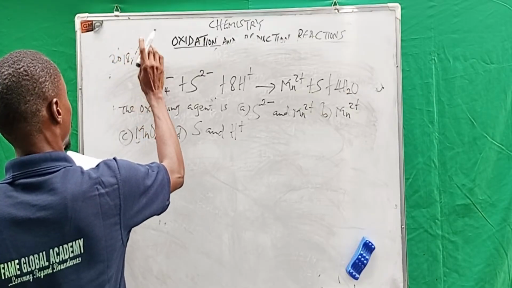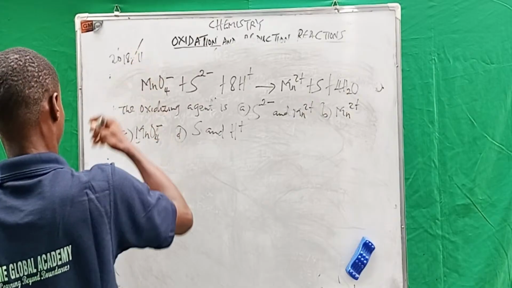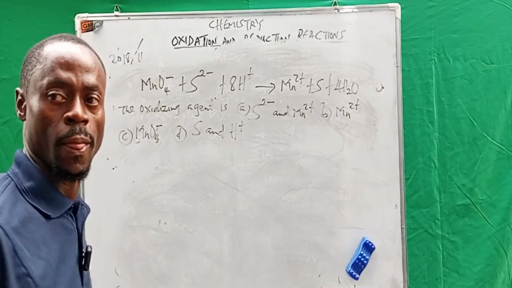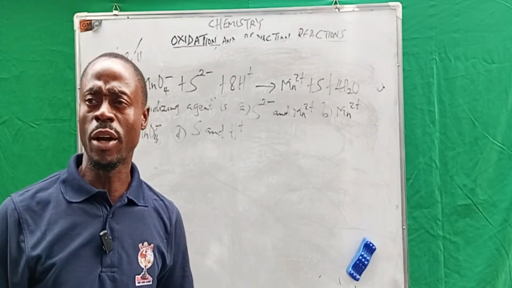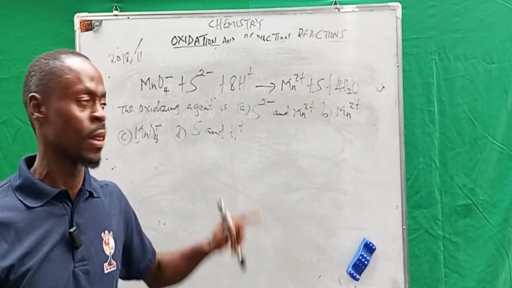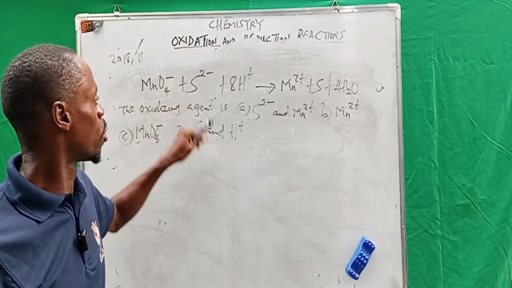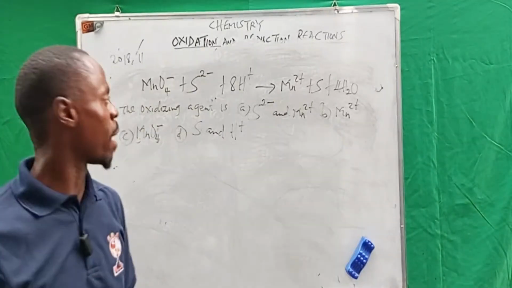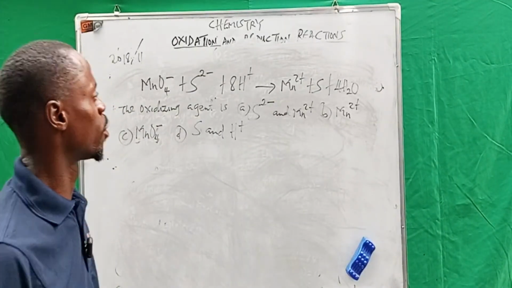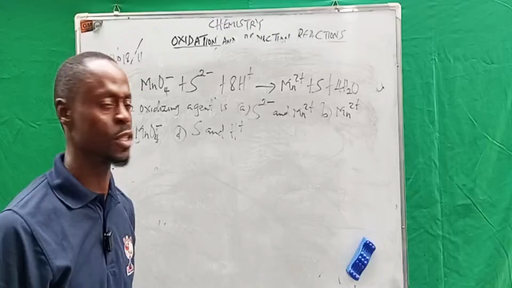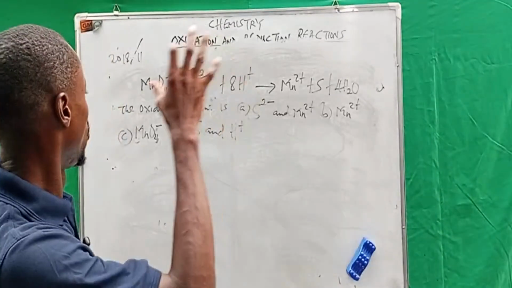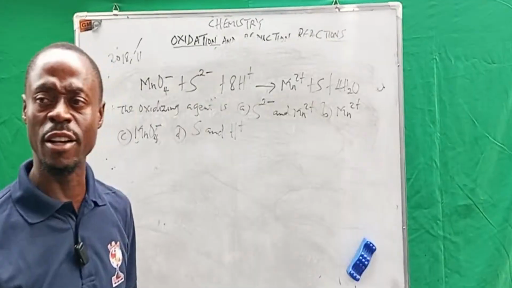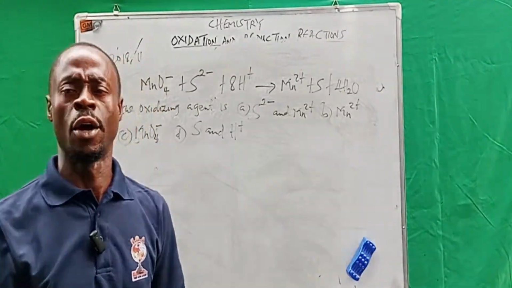2018 question number 11. All right, let's look at this question. The question says MnO4 minus plus S2 minus plus 8H plus to give X plus 4H2O. This is another typical example of a redox reaction.